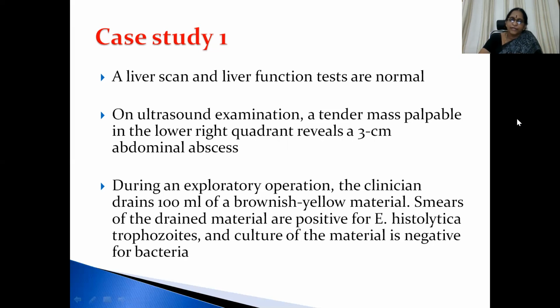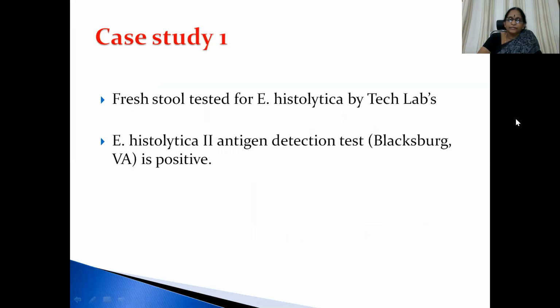Then, during an exploratory operation, the clinician drains 100 ml of brownish yellow material. Smears of the drained material are positive for Entamoeba histolytica trophozoites, and culture of the material is negative for bacteria. Then fresh stool tested for Entamoeba histolytica by the TechLab E. histolytica II antigen detection test is positive.